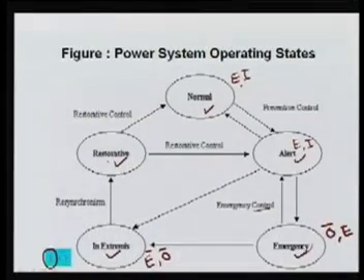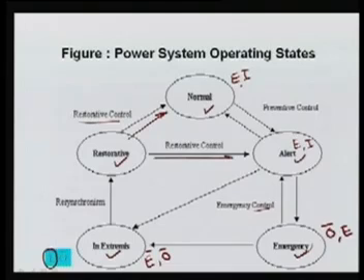Then you can go to the restorative state, apply the restorative control, and finally we come to the normal state, or we can come to the restorative control here in the alert state, and then go to the normal state.